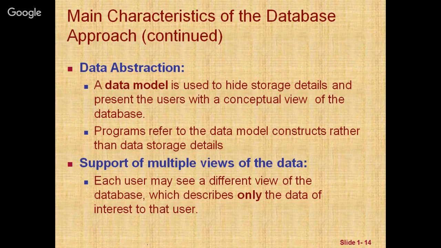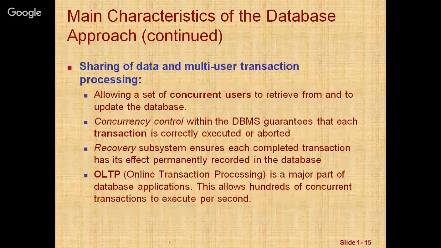For example, when several reservation agents are trying to assign a seat on an airline flight or a railway, the DBMS software should ensure that each seat can be accessed by only one agent at a time for a passenger. These types of applications are generally called online transaction processing, OLTP applications. So here the OLTP application is a major part of database applications.